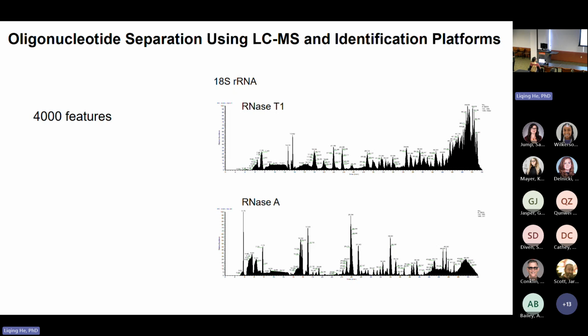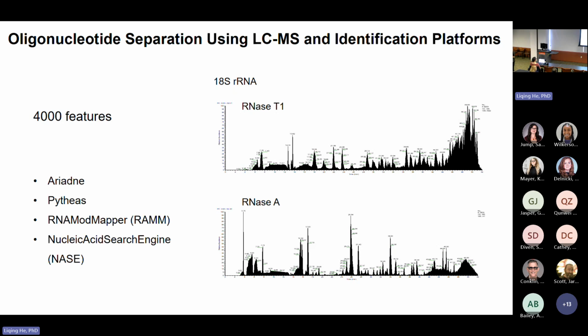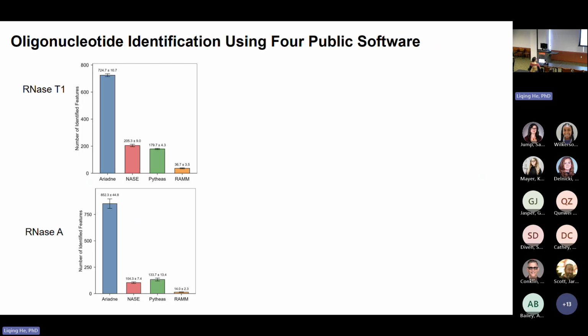Now the question is how we process this data, how we know which peak is which oligonucleotide, and whether this oligonucleotide is modified or not. Currently, there are 4 open source platforms for oligonucleotide identification: Adenine, Passes, RNA multi-mapper, and NASE, the nucleic acid search engine. So we analyzed our data using all these 4 platforms. This is the identification result.